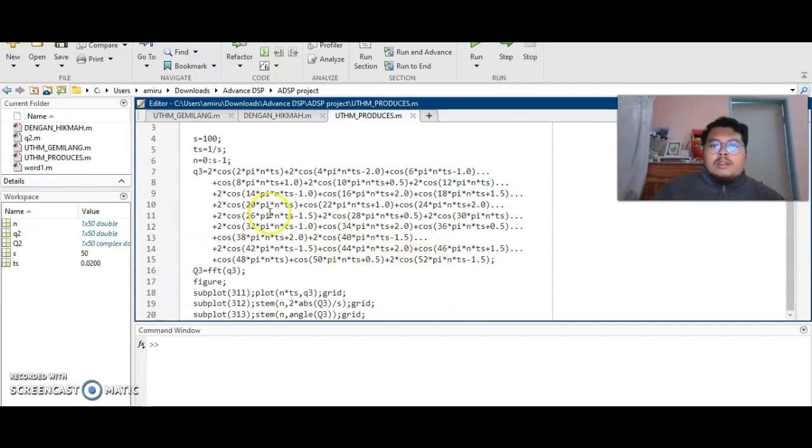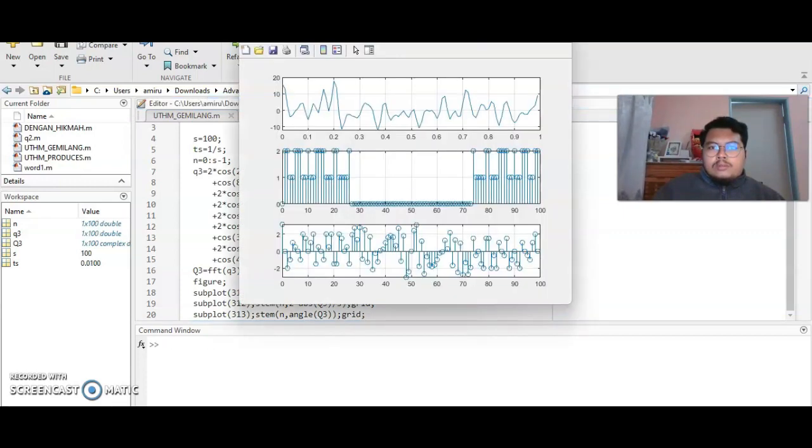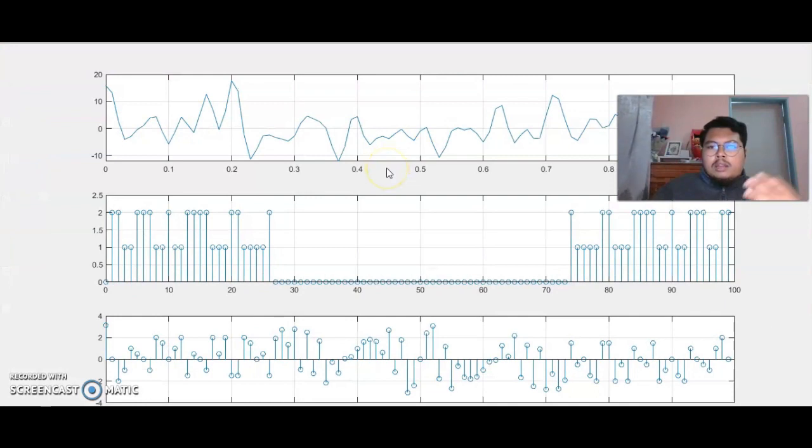Then we run this code and we get this signal, the discrete one, for the magnitude and phase. Same as before, the peak magnitude is 2 and the lowest is 1.